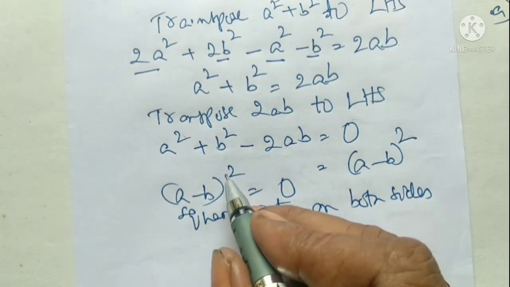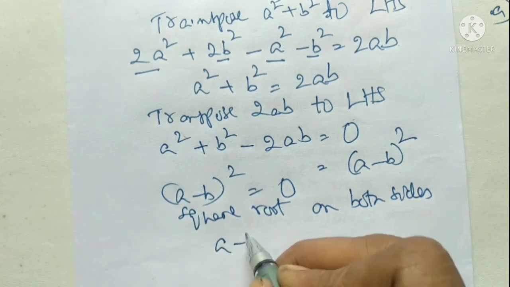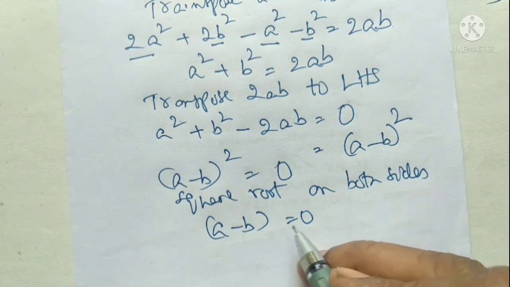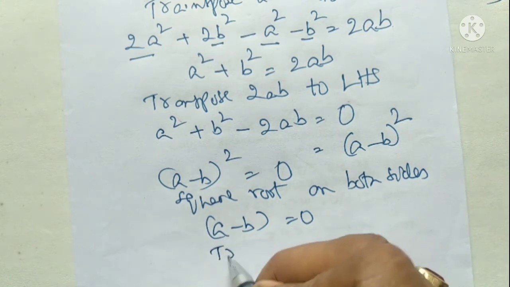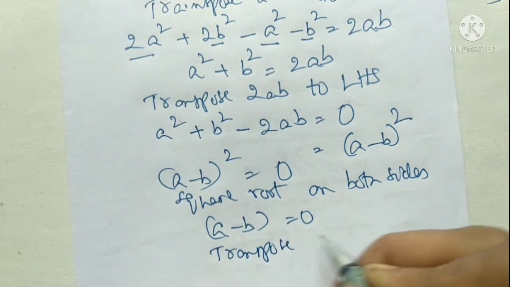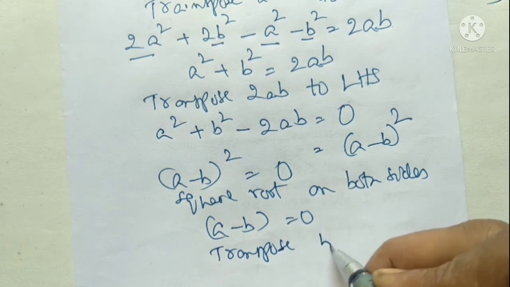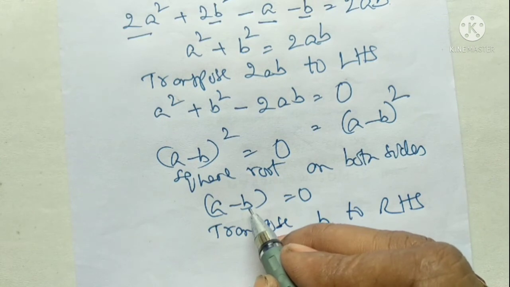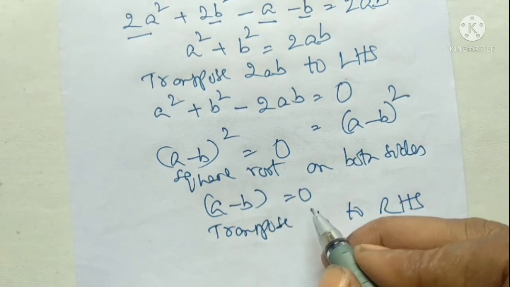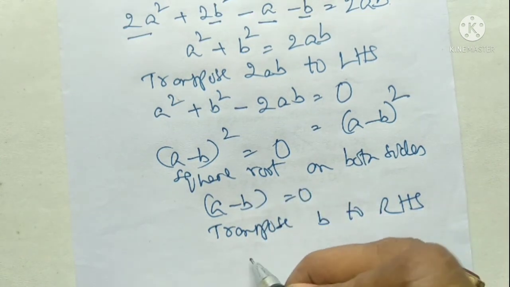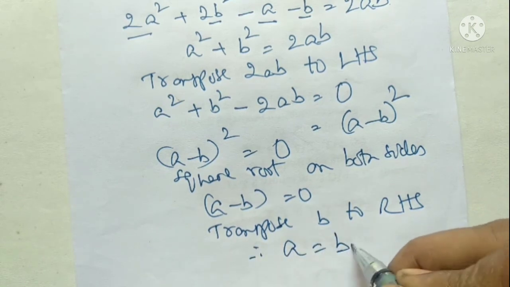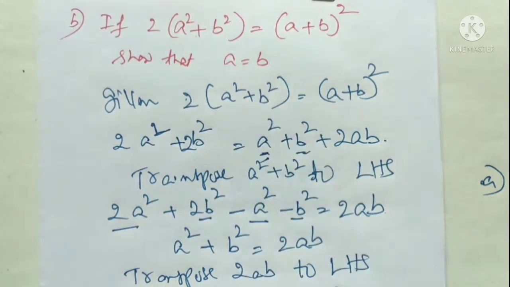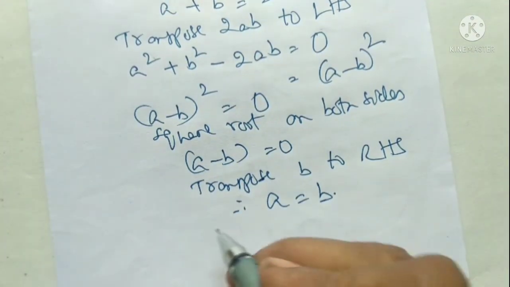A minus b whole square, its square root is a minus b is equal to 0. When a minus b is 0, then transposing b to RHS, because minus b, when it is transposed to RHS, it will become plus b. Therefore, a is equal to b. So we have shown that a is equal to b. So it is proved, hence proved.